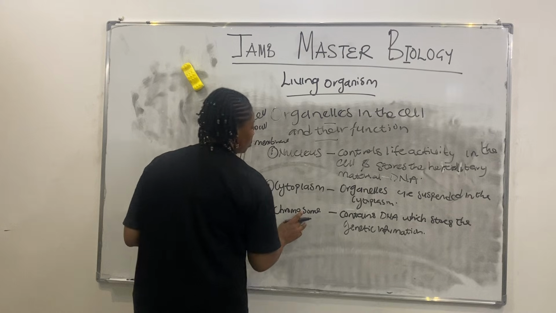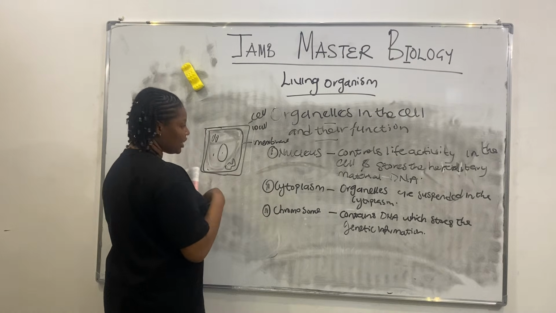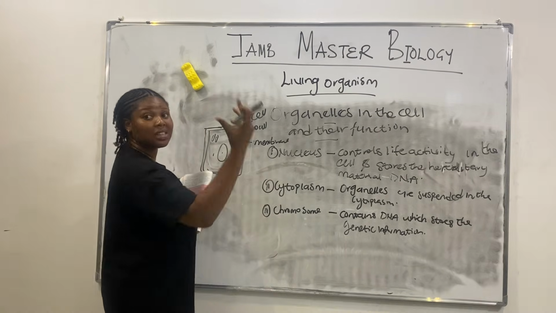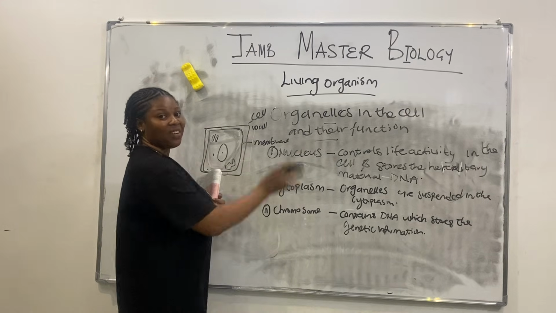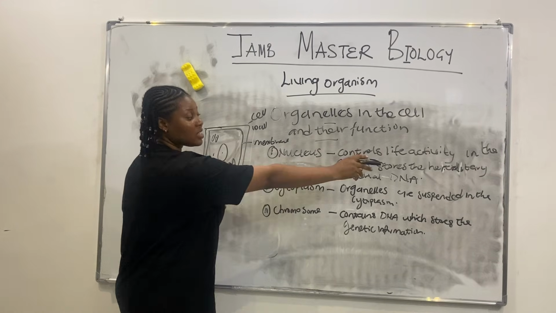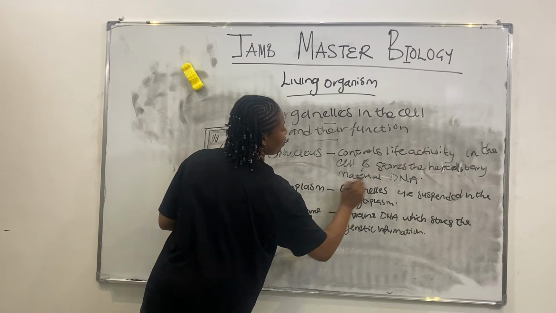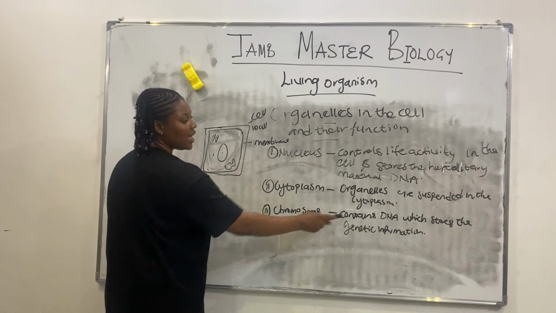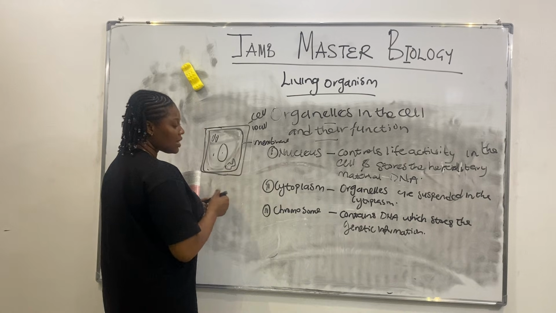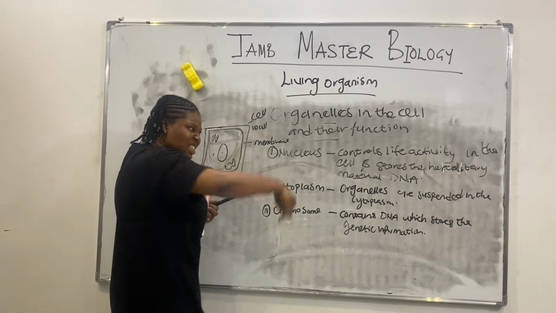Now we have the chromosome. Remember that I said the nucleus controls life activity in the cell, and it stores the DNA, the hereditary material. Now the chromosome contains DNA. So DNA is inside the chromosome.